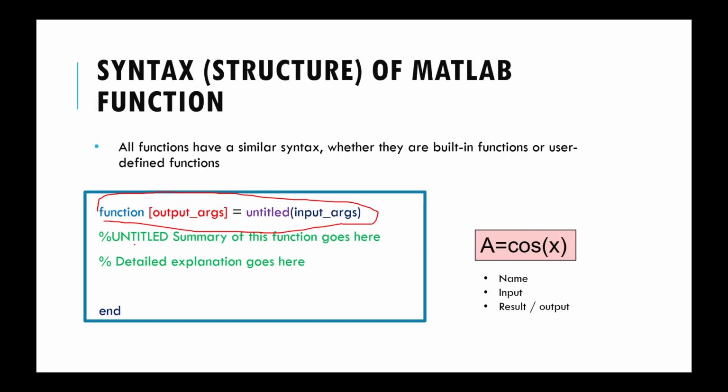The first line here is what we call the function definition line. This function definition line contains the function inputs and also the function output. Args here means arguments, so input arguments and output arguments.